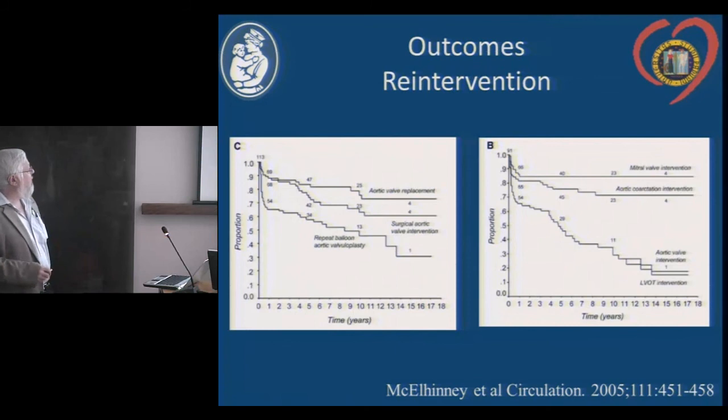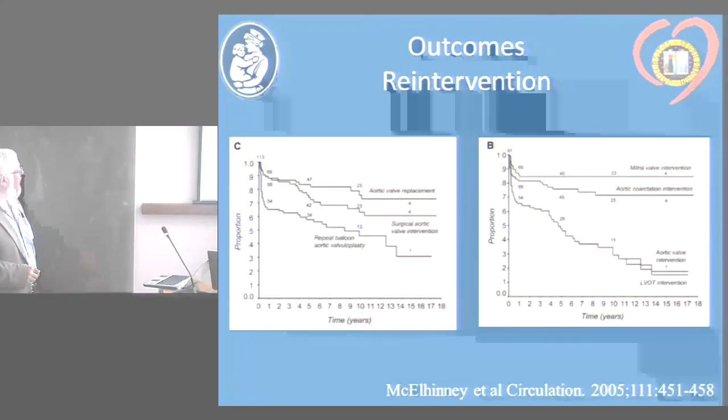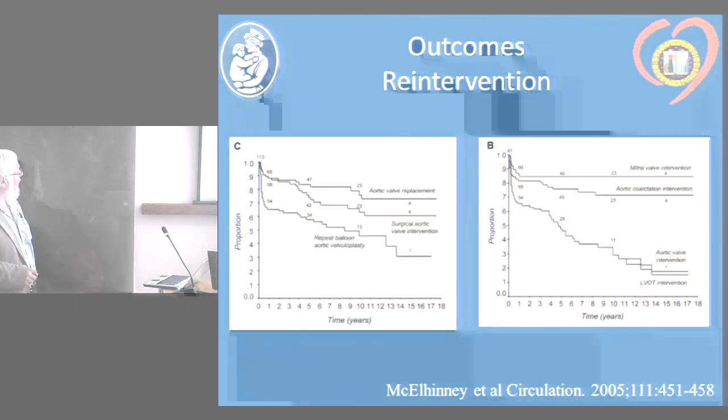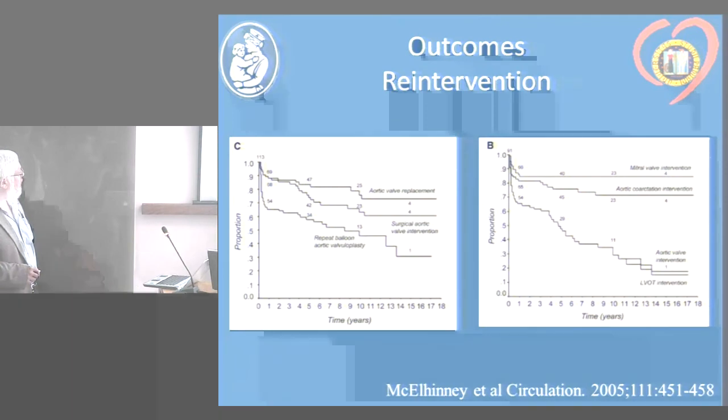If one looks at reinterventions, what actually happened to these patients, we can see freedom from aortic valve replacement: by 5 years, about 80% were still free of an aortic valve replacement. By 10 years, it was about 70%.